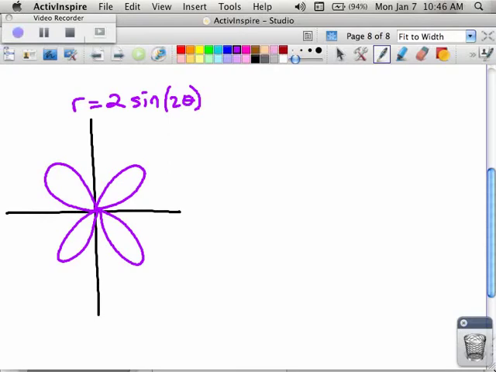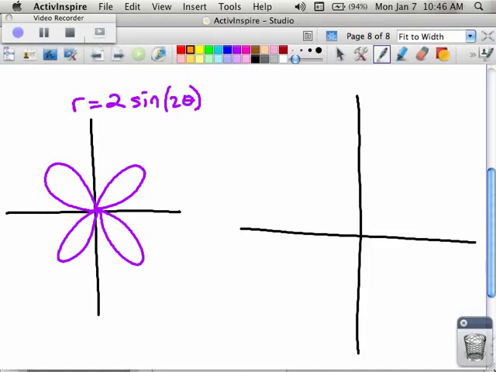And then the last one is going to be r equals 2 sine of 4 theta. And again, usually the angle's in parentheses. I don't always get a chance to put them in there, but here we go.